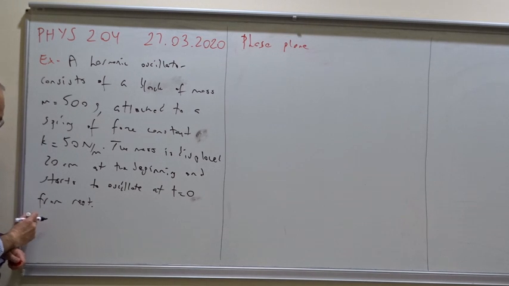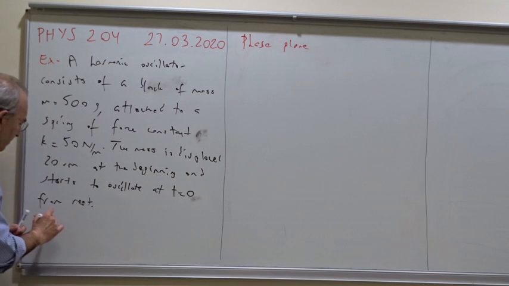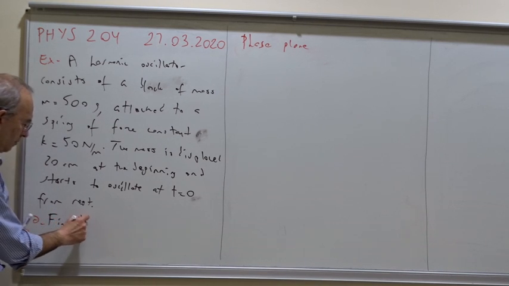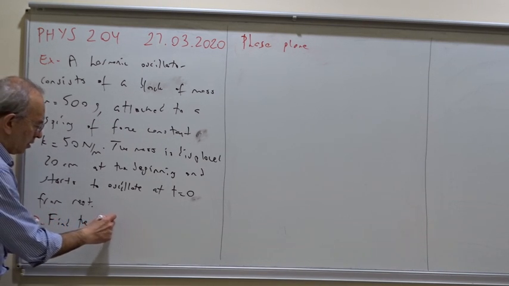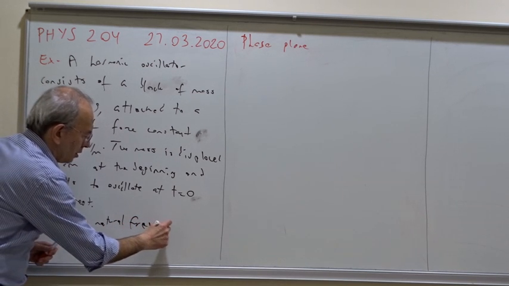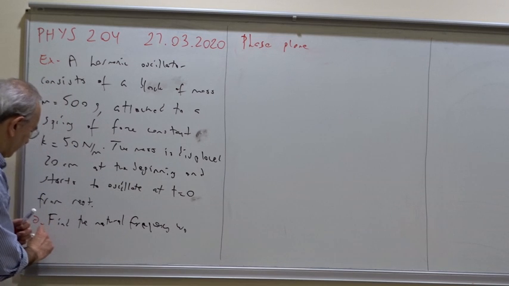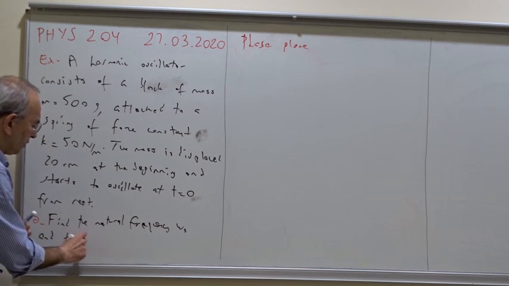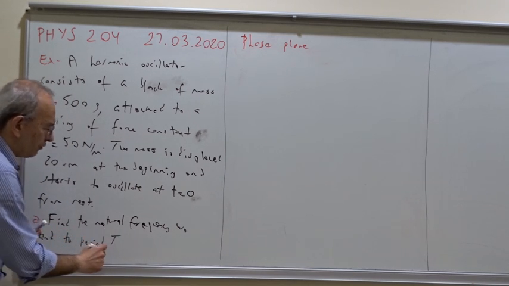Part A. Find the natural frequency omega 0 and the period T for the system.